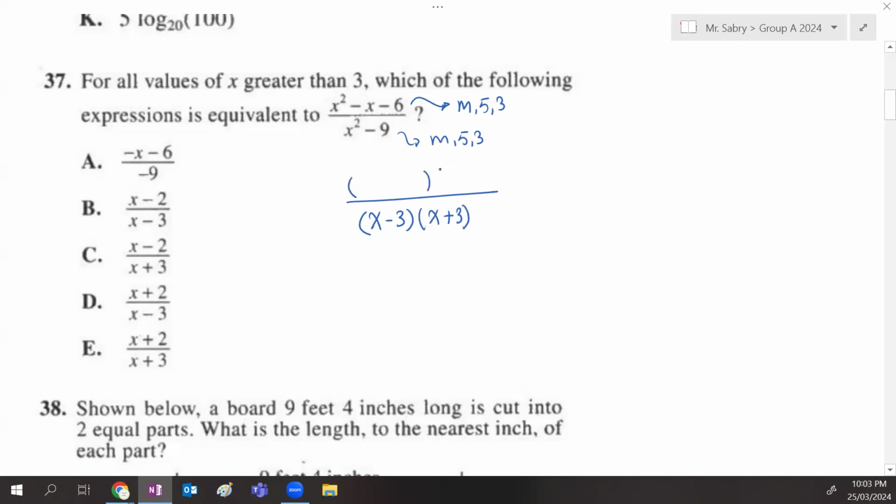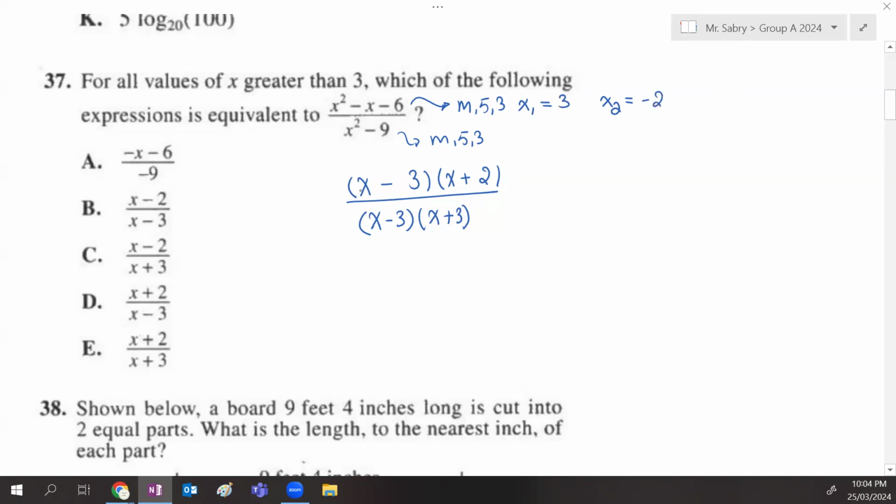Over here, I should have 3, 2, negative and positive. Whatever you get out of the mode 5-3, we should put back in brackets with the opposite signs. So if you used mode 5-3, you should get x equals 3 and x equals negative 2.